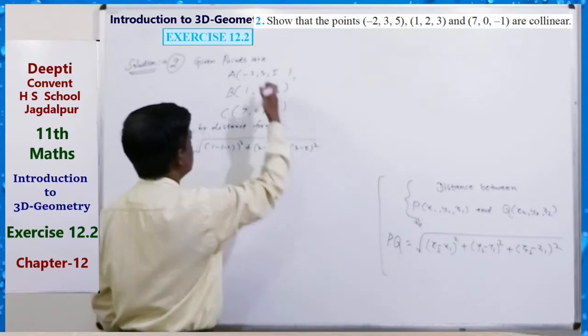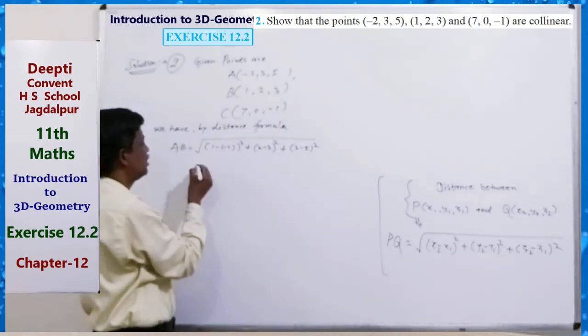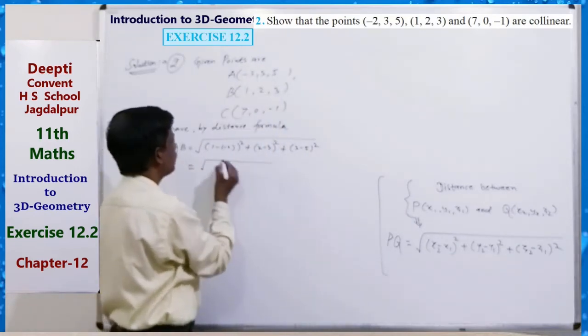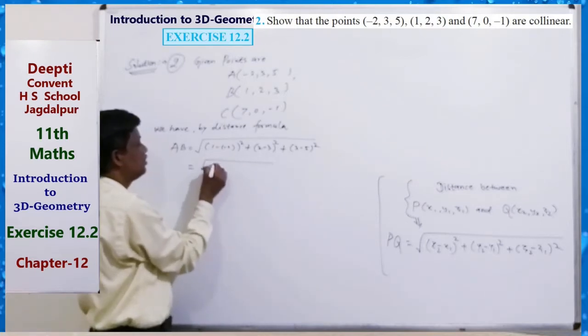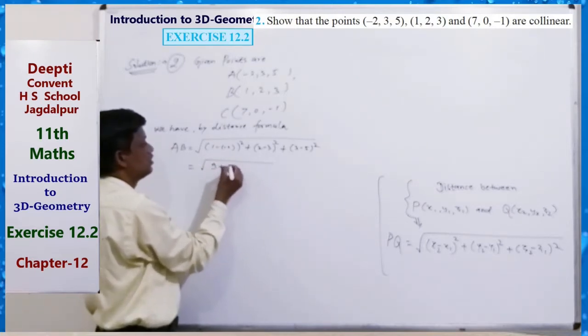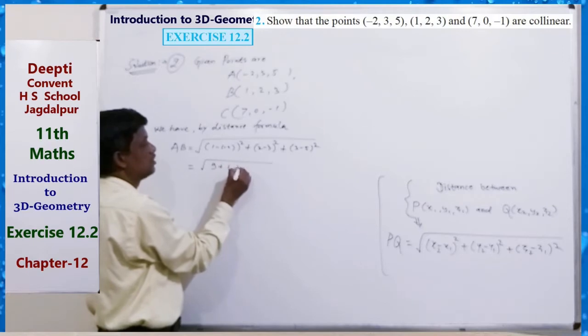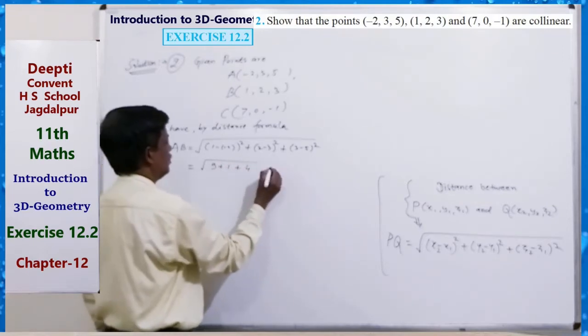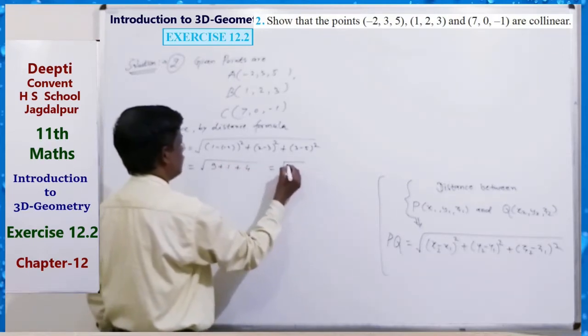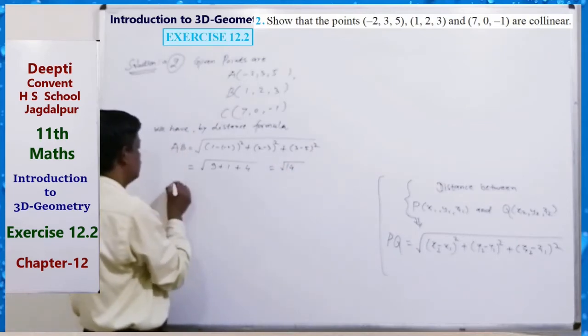Using this formula for these 2 points, you get 3 square, 9, plus 1 plus 4, which equals 14. So AB is root 14.